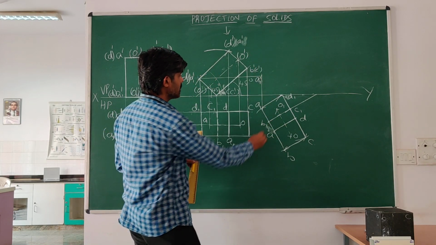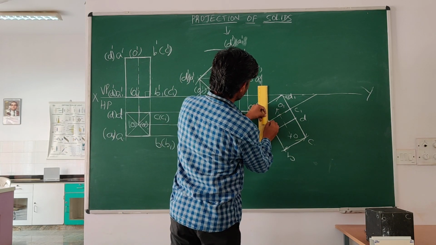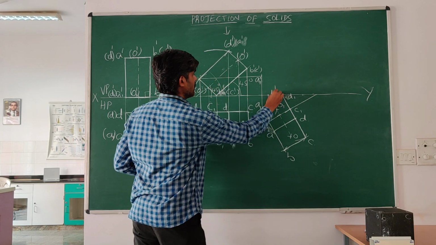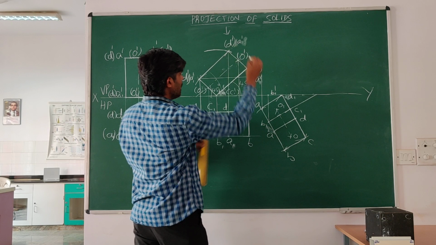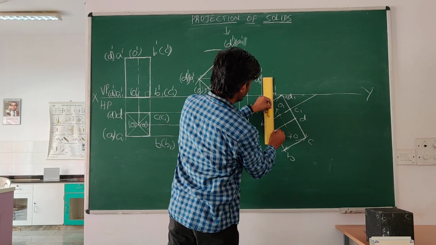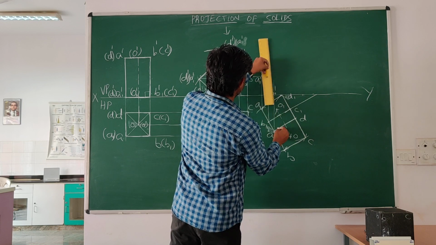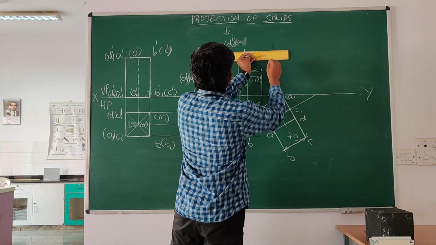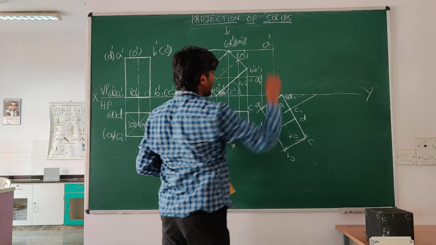Next is B1. Where is B1? B1 is here on the XY line itself. So I am getting this point as B1 dash. Next, A is there. A is here. I will be drawing from A, this point is A dash.